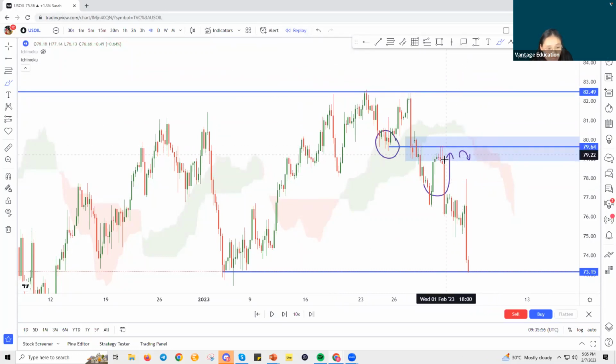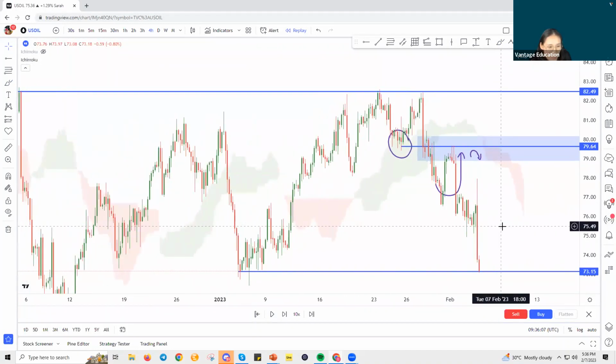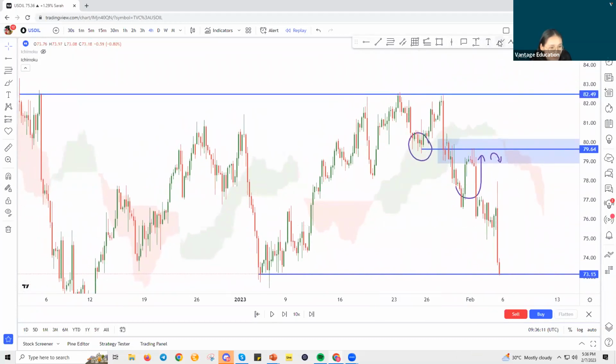So once it reverses off, it's now an overlap. I hope that clears things up a little bit. So basically, when a swing low lines up with a swing high, that's an overlap.